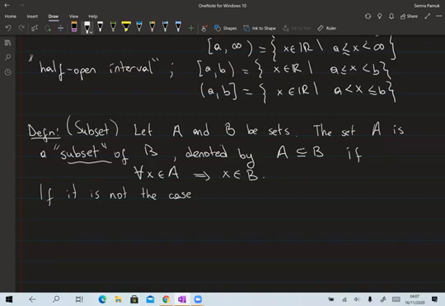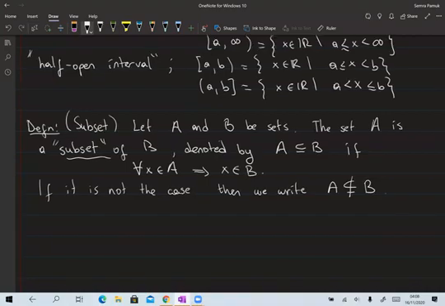Instead of for every x, if there exists an element in A which is not an element of B, then A is not a subset of B. Then we write A is not a subset of B. So, just to get used to the notations.